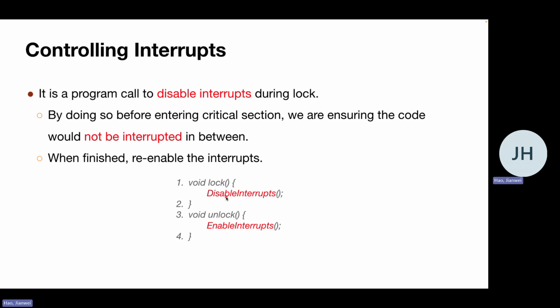That means I'm the only thread that can use this area. No others can interrupt me. And after it has finished the operation, you can do the unlock. But in the unlock function, it will enable the interrupts first. That means I'm done using this area, so other threads can use this part. That's how it works.